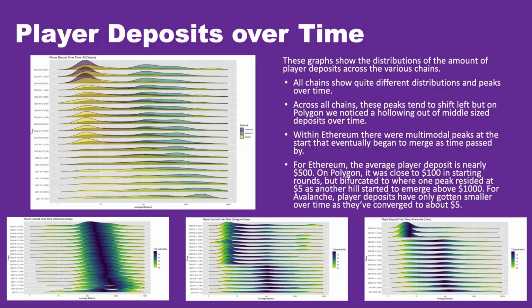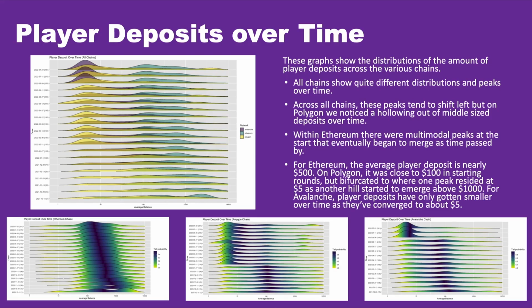As far as deposits go, again, we aggregated all chains at the top and then the individual chains at the bottom. It's kind of interesting that in general, the different chains show a pretty different distribution. Across all chains, the peaks tend to shift left, but on Polygon there's a little bit of a hollowing out of the middle-sized deposits compared to the rest.